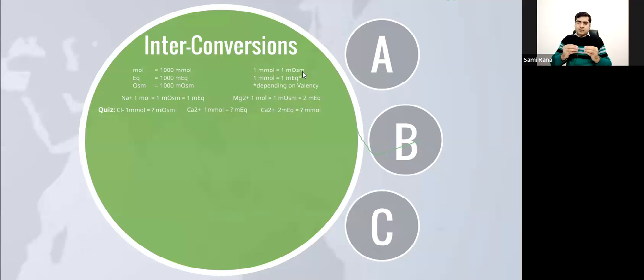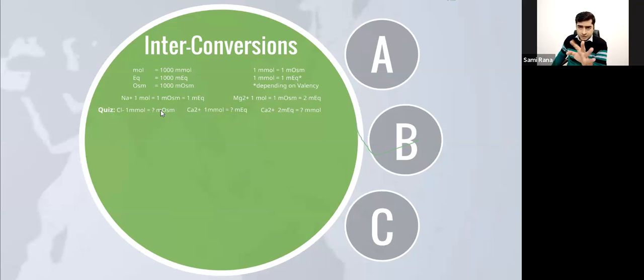And even the relationship between millimole and milliequivalent is going to be the same in case the valency of the element is 1. MEQ is going to change if the valency goes up, either minus sign or positive sign, doesn't matter. If the valency goes up, the MEQ goes up. So that's what happened here. In the first question, chlorine has a valency of 1, and 1 millimole is going to be equal to 1 milliosmole.